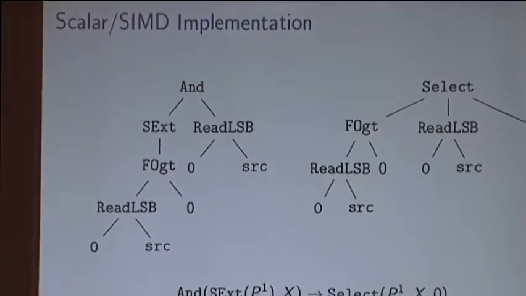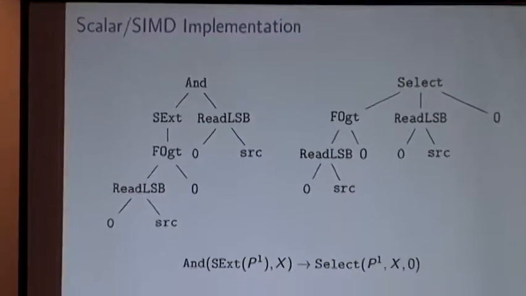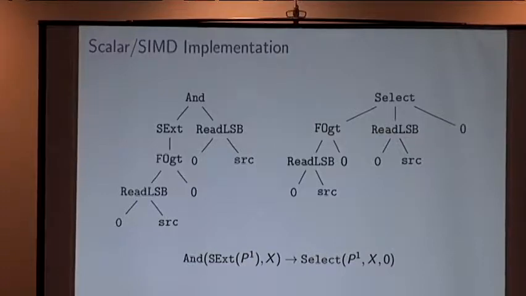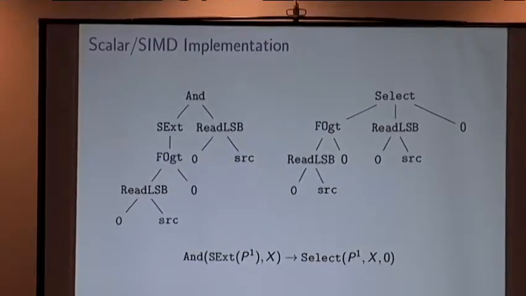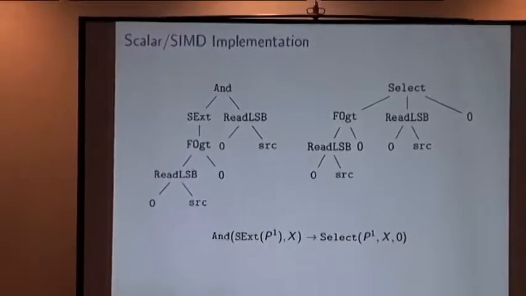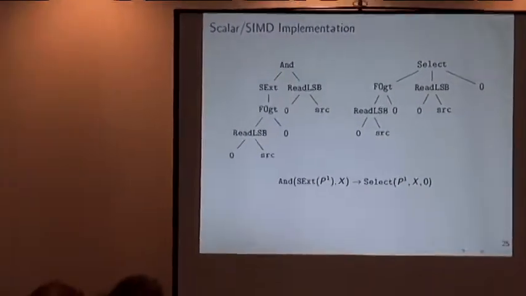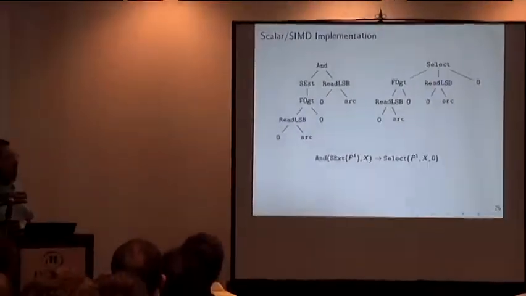So these are the two expression trees again. And what our tool does is we employ one of these transformation rules at expression construction time. What that actually does is it converts the first tree into the second tree.